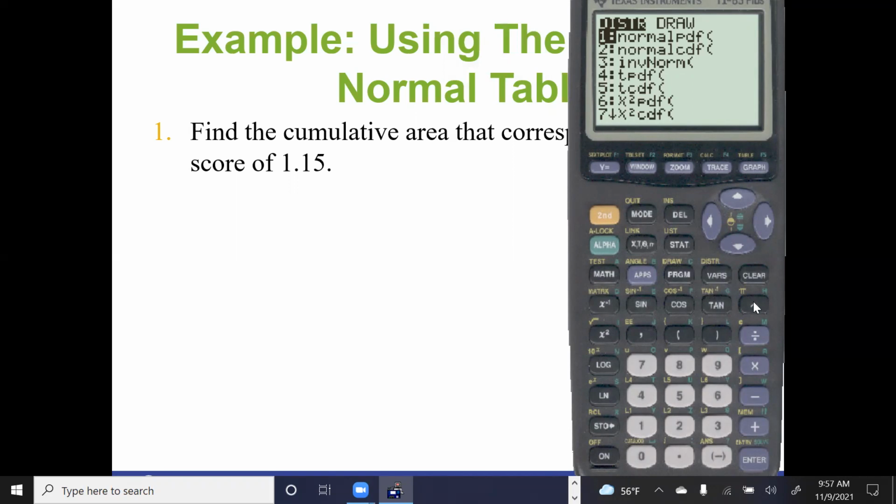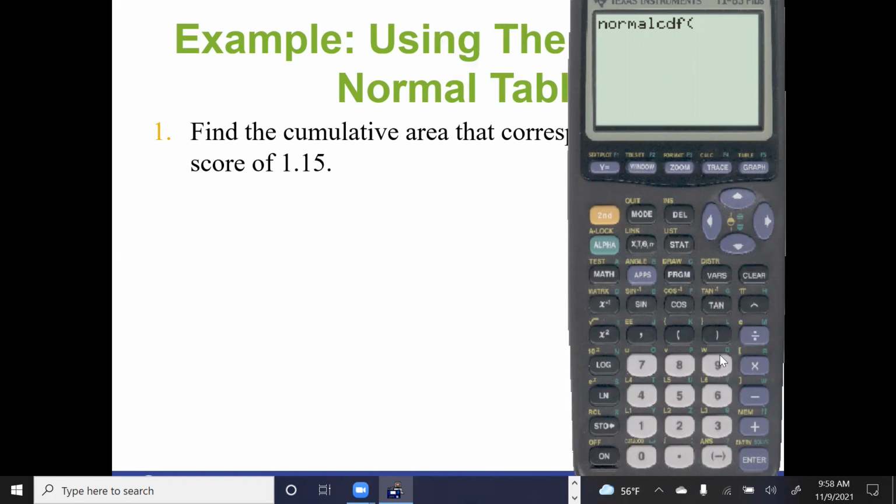What this does is it tells you what's the beginning Z value, what's the end Z value, what's your mu, and what's your standard deviation. So you have to enter two Z scores all the time. The one we want to pick is this one right here, the normal curve distribution function. Click enter. So TI-84 people, you're going to go to a different screen when you do that, and that's okay. We're going to enter the same.